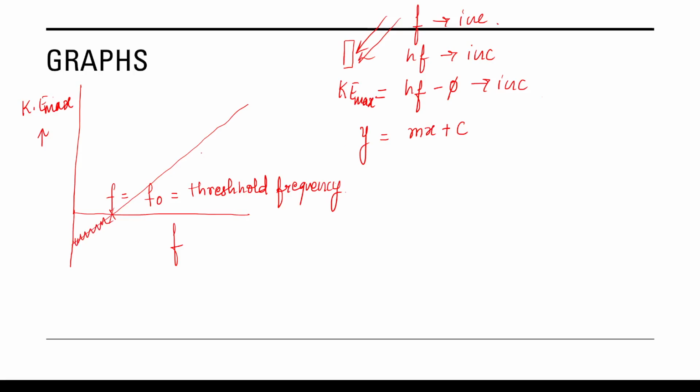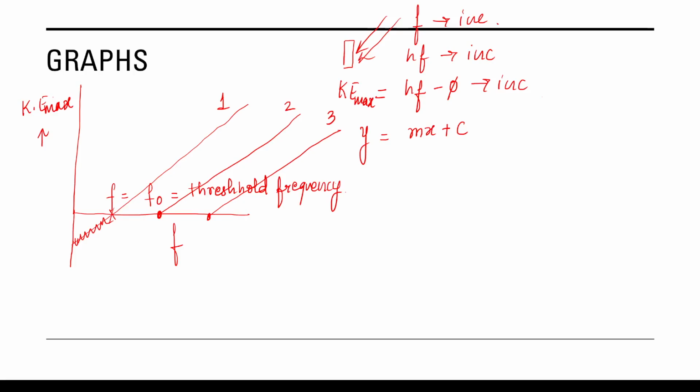So if I show you two more graphs here, let's say I have this graph, all of these lines are showing that the threshold frequency is increasing. That means there must be three different metals. So metal 1, metal 2, metal 3. Exam question, which of them has higher threshold frequency? So 3 would have higher threshold frequency.